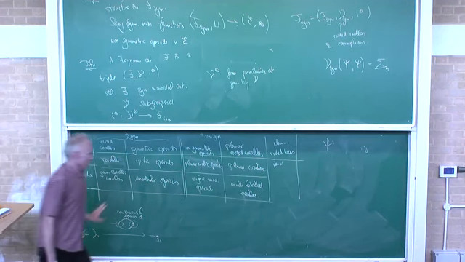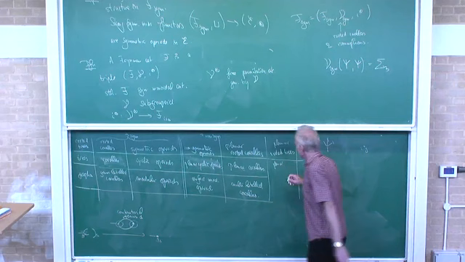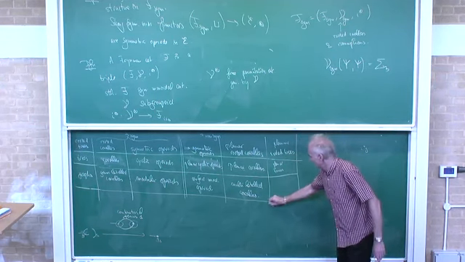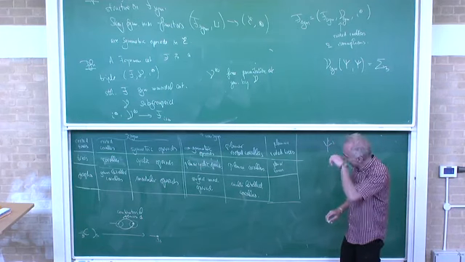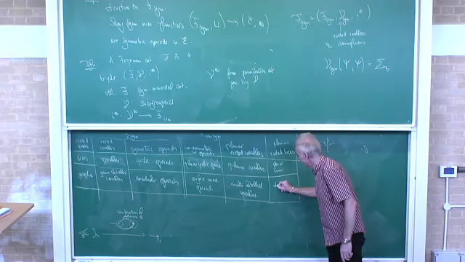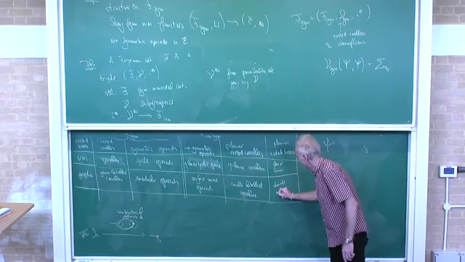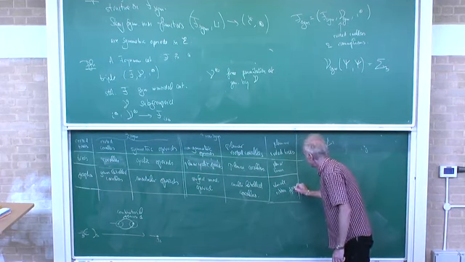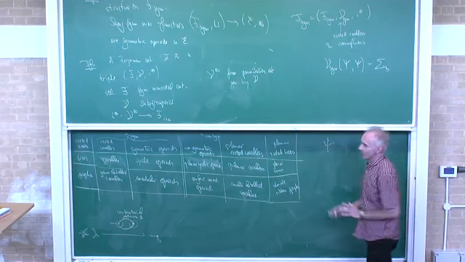Okay. So here, as morphisms, you have planar trees, and here you have almost ribbon graphs. So it's generalized ribbon graphs.